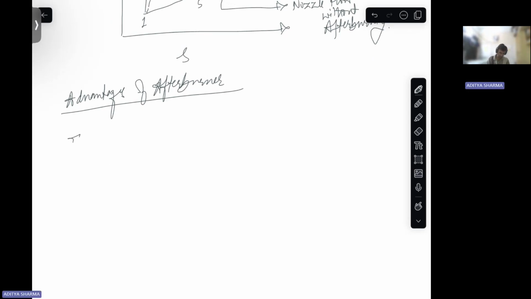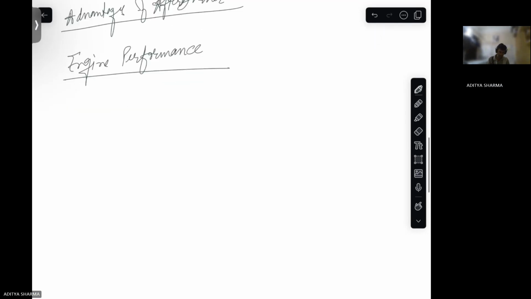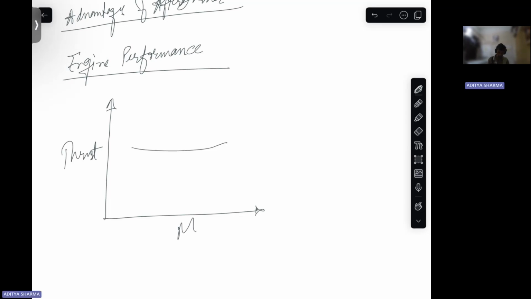Then in your engine performance topic, one important diagram related to thrust is this. So with altitude, what happens to your thrust?